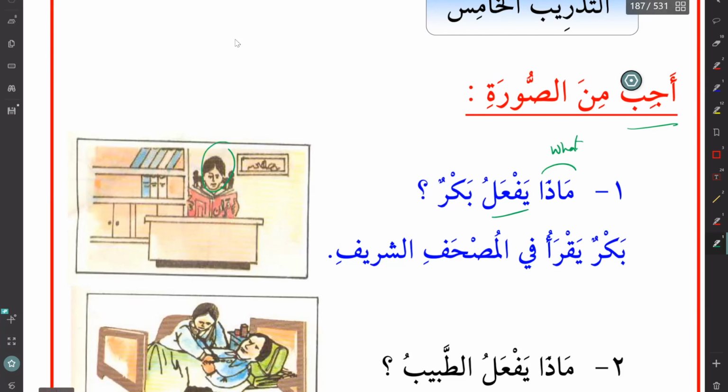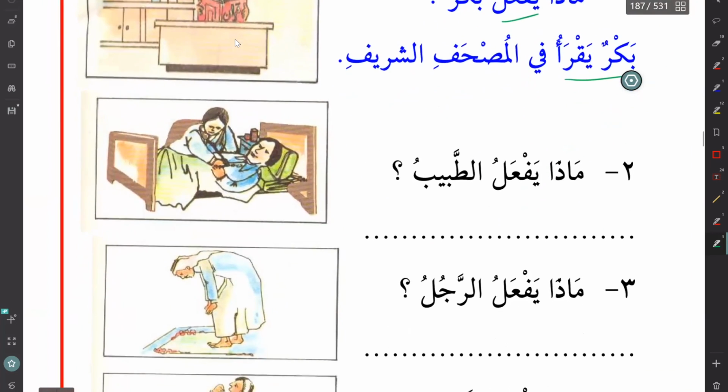Okay, يفعل, he is doing. Bakr. So basically, what is Bakr doing? Okay, it says Bakrun يقرأ. Bakr is reading fil mushaf sharif. Bakr is reading in the mushaf. The Quran book, mushaf sharif. The sharif is the same thing as Kareem, which is noble. Okay, Bakr is reading the noble Quran or Mushaf.